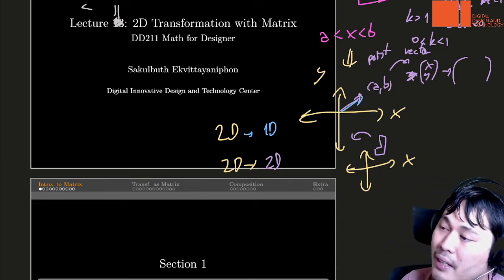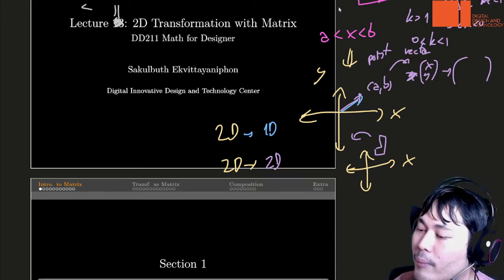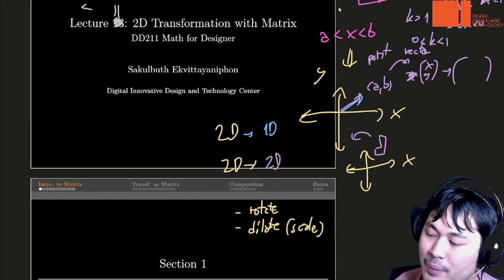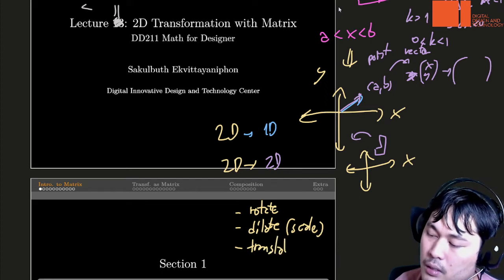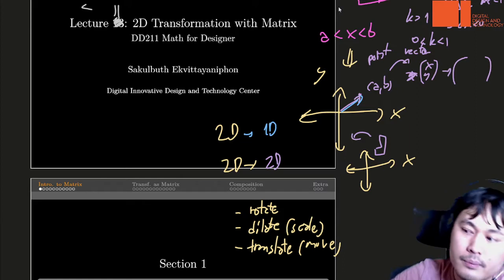There are several simple transformations you can do. You can rotate, you can dilate, or just scale up, down, or flip, and then you can translate, or just move the shape around on the plane.